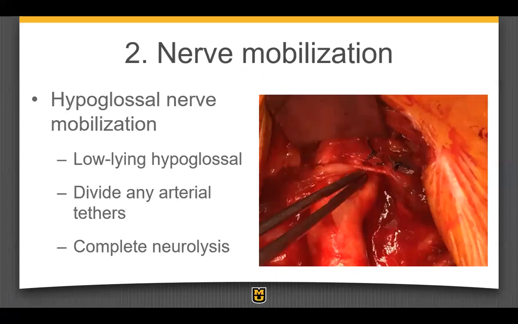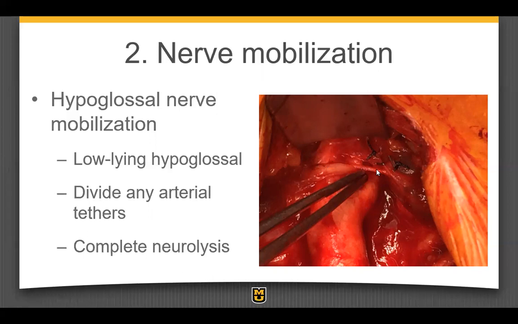Nerve mobilization. In terms of the hypoglossal nerve, this is one of the common reasons that people find difficulty in completing a carotid operation. So a low-lying hypoglossal nerve, as you can see here, overlying the bifurcation here. Really the main thing to do is first look for the obvious arterial tethers.